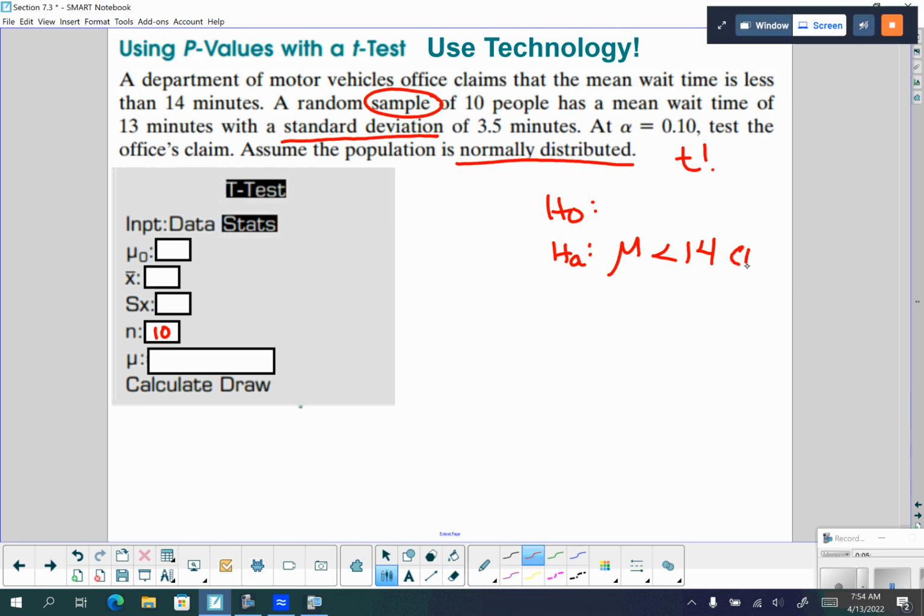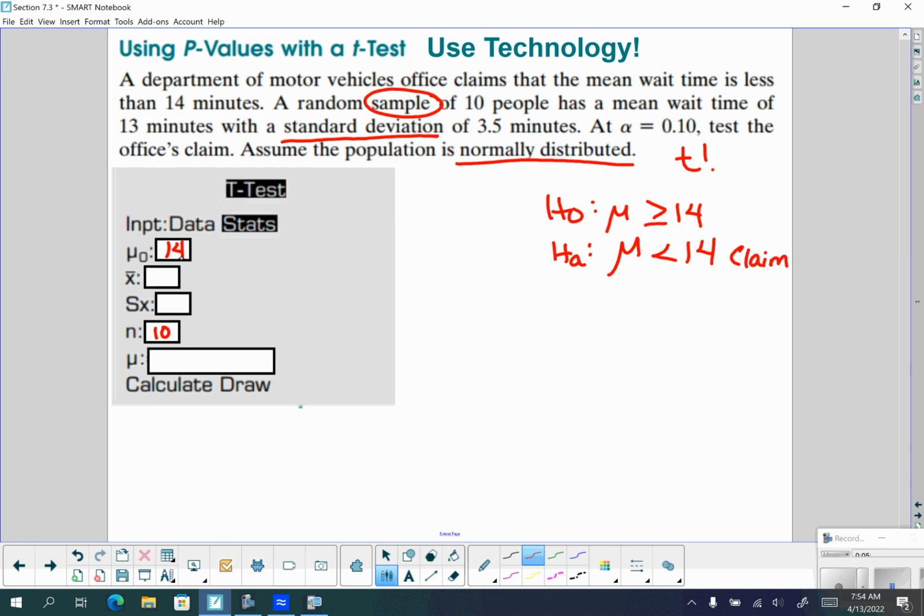Try that again. Okay, and then the null hypothesis would be what? That the mean is greater than or equal to. Okay, so that 14 that shows up in your hypotheses and your claim, that's going to be the null number that we're going to use. Then there's a sample mean and a sample standard deviation.